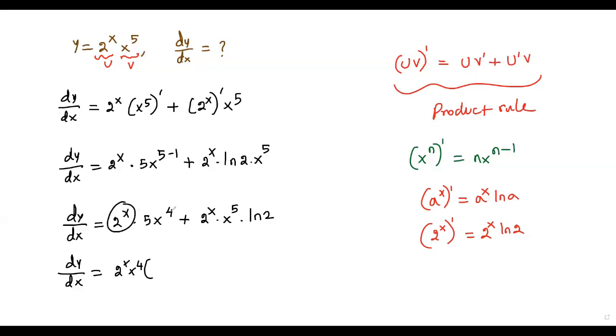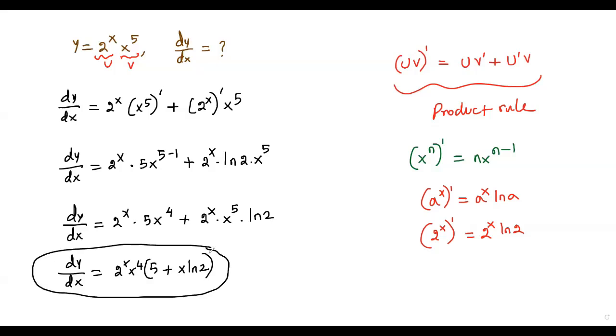Then we have 5 left in the first term. In the second term, x to the fifth power can be written as x to the fourth power times x. If x to the fourth power and 2 to the x power are factored out, we are left with x and ln 2 in the second term. So in the second term we have x times ln 2. This is the derivative of the given function with respect to x.